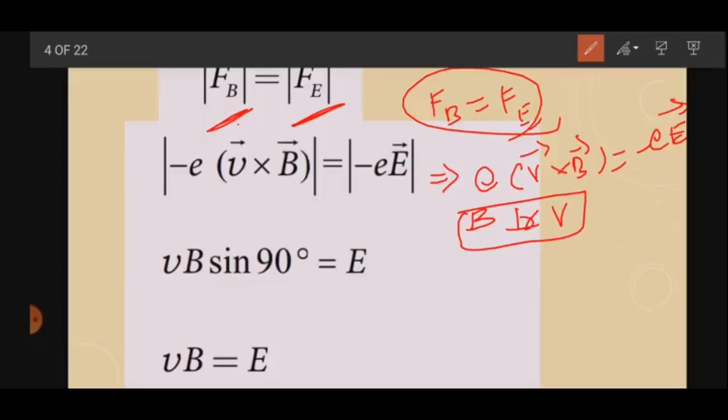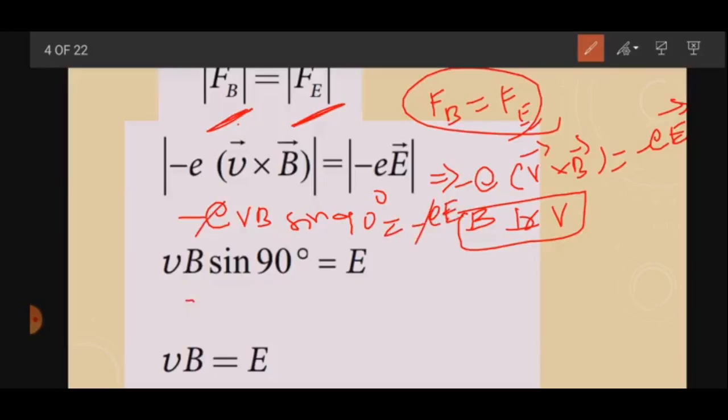When I write from this equation, minus E VB sin 90 degrees, this is perpendicular, equals minus E into E. Now minus E is cancelled.